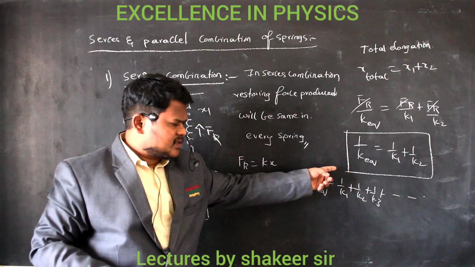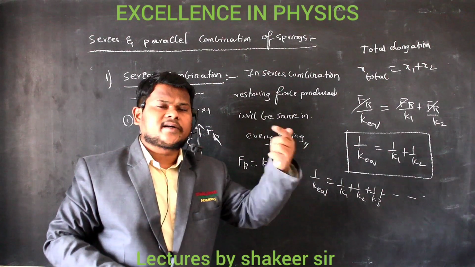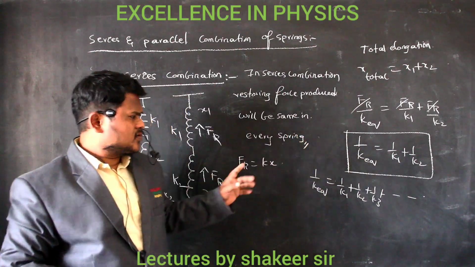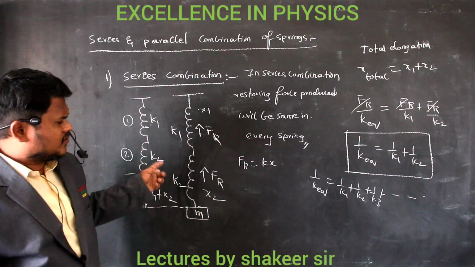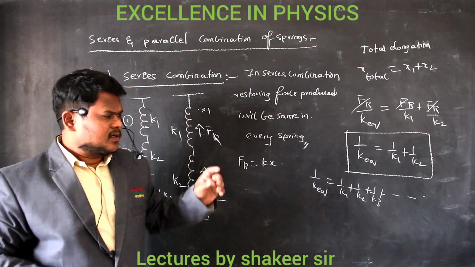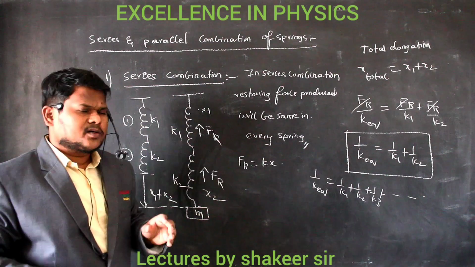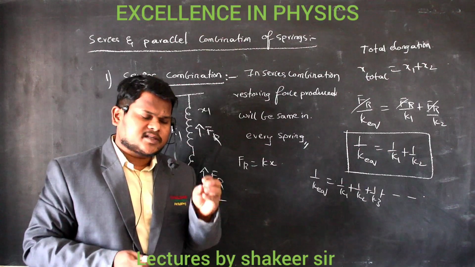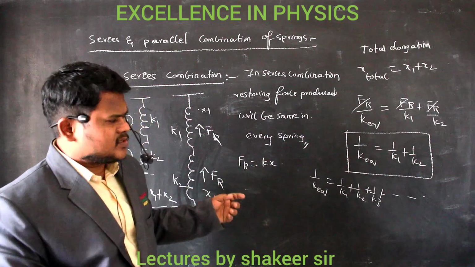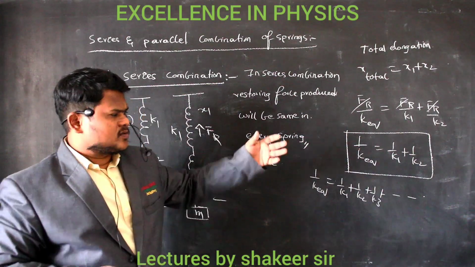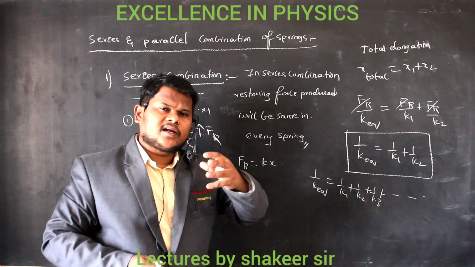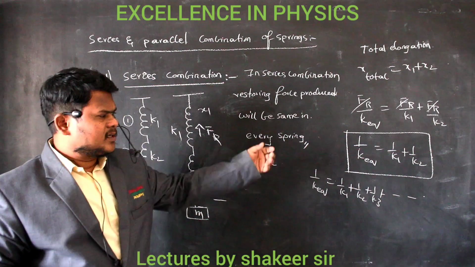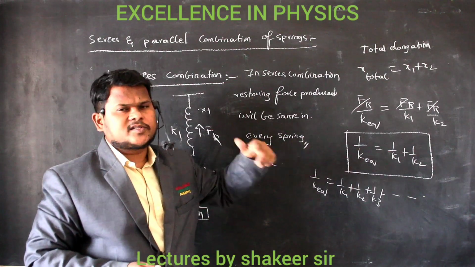K1 and k2 are the k values of individual springs. K equivalent is the k value of total combination. By looking at this equation, has k equivalent increased or decreased in series combination? Definitely I can say that k equivalent has decreased, because we are writing all the equations in reciprocals.